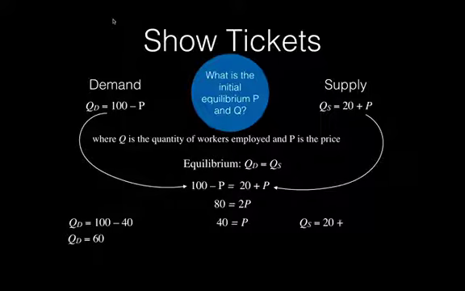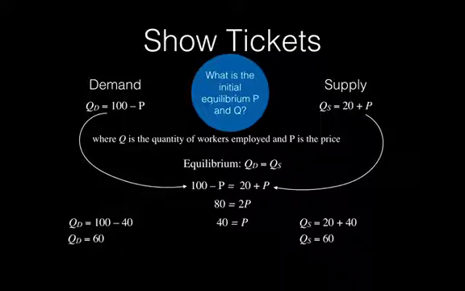So we do the same for the supply. We put 40 in for P, so we have 20 plus P, and that gives us a quantity supplied of 60. So we got the same answer, so we can be very certain that we've gotten the equilibrium price correct because the quantity demanded and the quantity supplied are equal to one another at that equilibrium price.